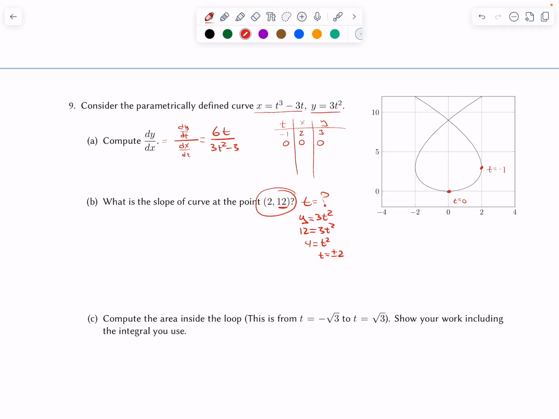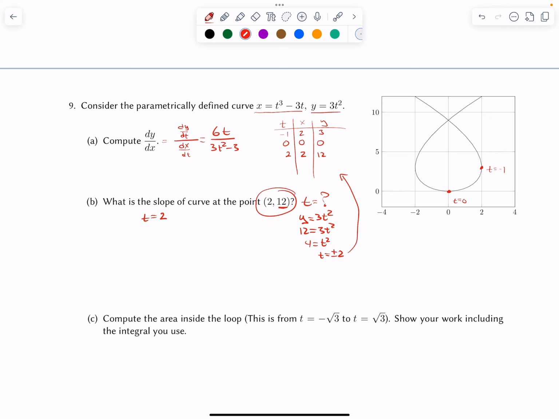When t is equal to, I guess we can go back up to our chart up here. When t is equal to positive 2, we know that y is 12. X is going to be 8 minus 6, which is 2. So I guess that's the one. So t is equal to 2.